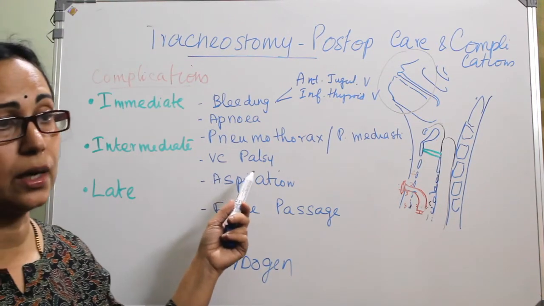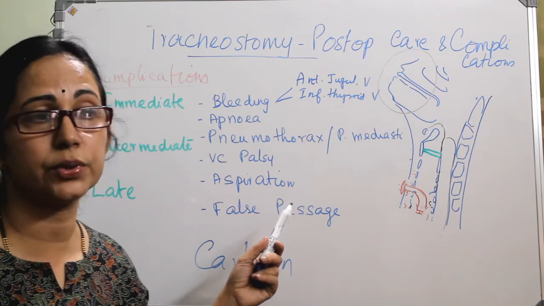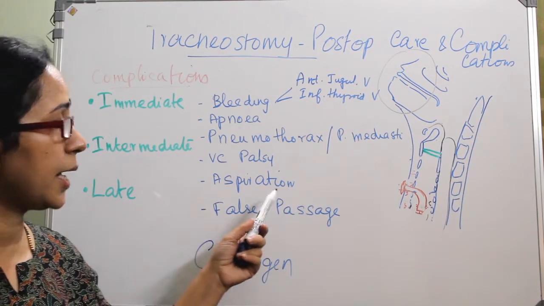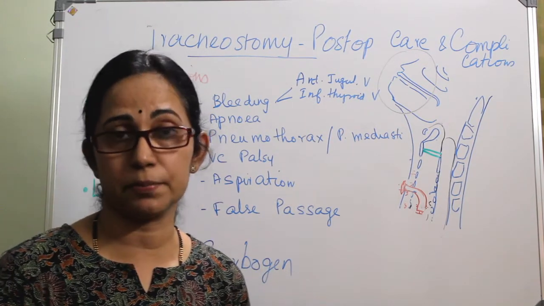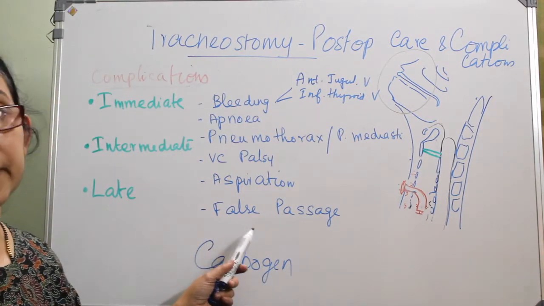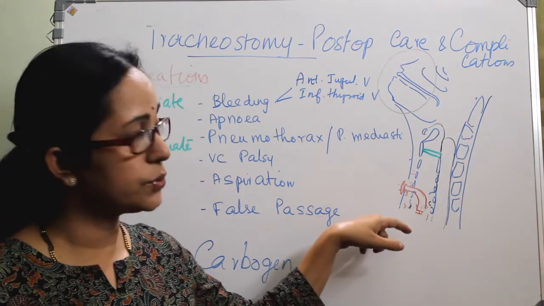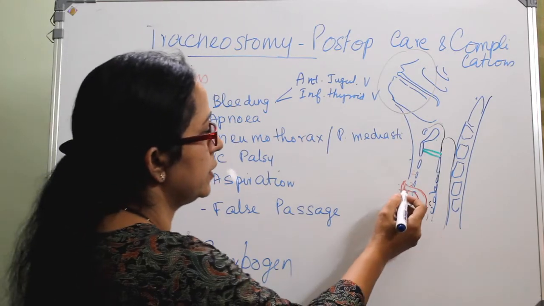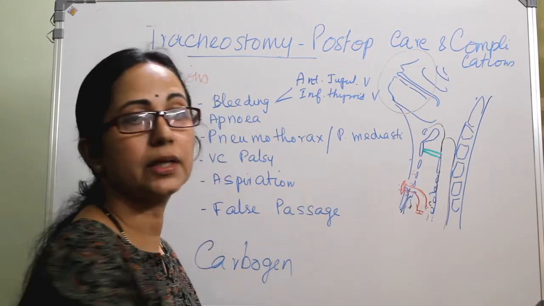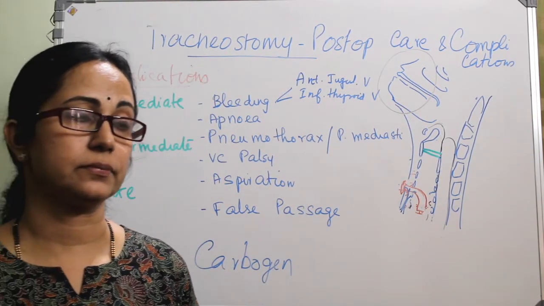Then vocal cord palsy, how does it happen? By injury to the recurrent laryngeal nerve. Then aspiration of secretions as well as blood can happen. Then false passage: you are not going into the trachea, you are going into the tissue planes, then it is a false passage.